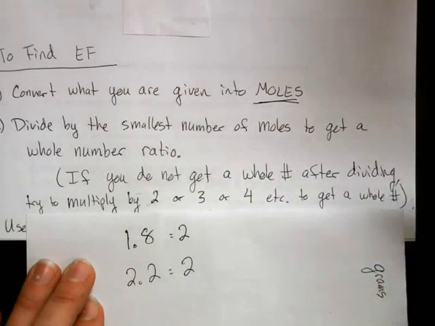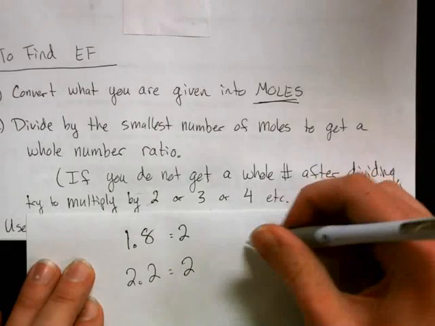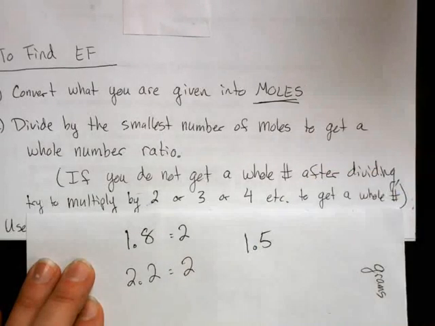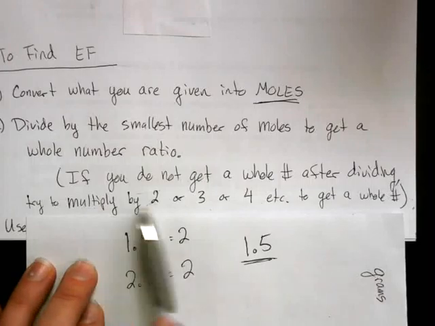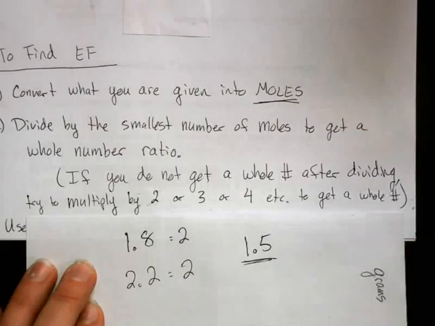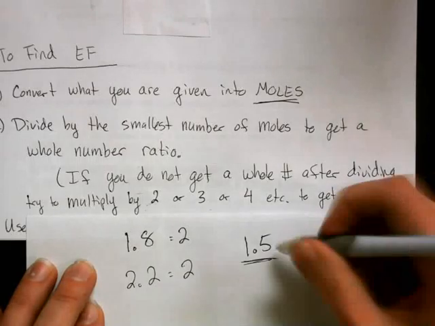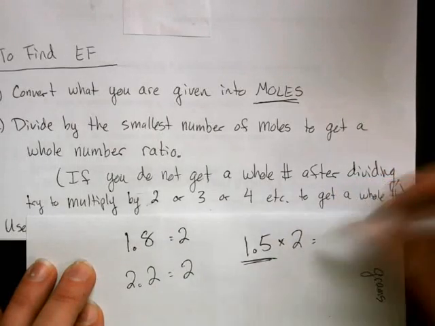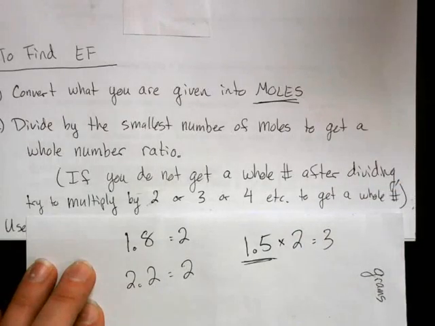But if you divide your moles and you get something like 1.5, that's halfway between 1 and 2. We can't round that. So that's when I'm going to multiply it by 2, or by 3, or by 4, or whatever I need to in order to get it to be a whole number. 1.5 times 2 gets me my whole number of 3.